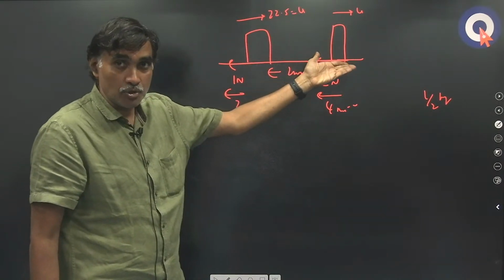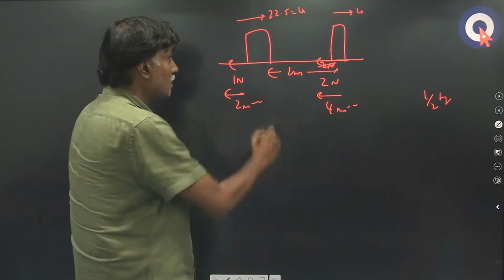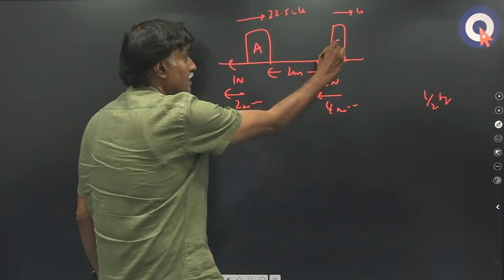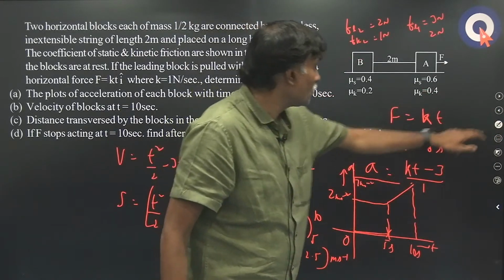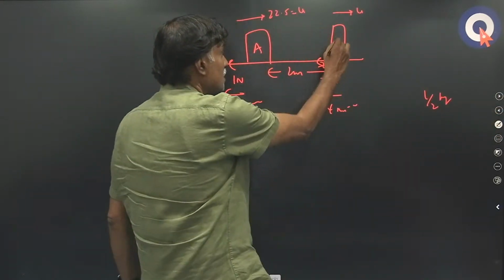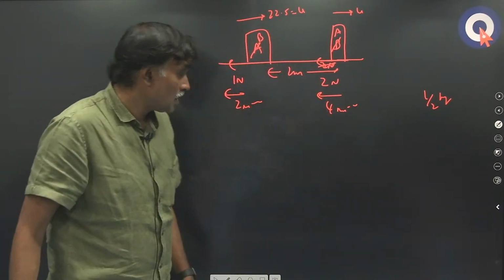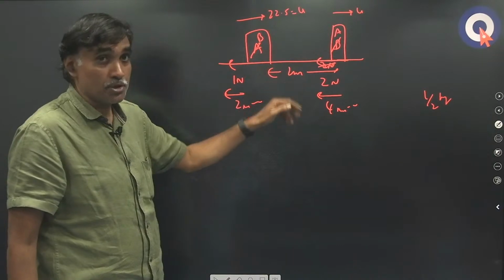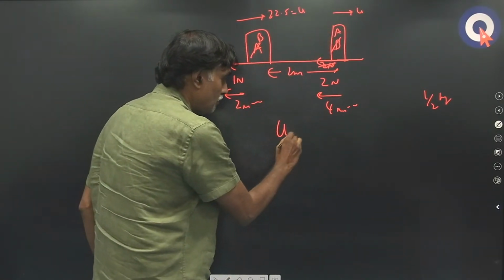You can take relative motion or you can directly do it also. If I take relative motion, let us say this is A, this is B, as given in the question. Now, if I consider relative motion, what is the initial velocity of B with respect to A? It is 0.